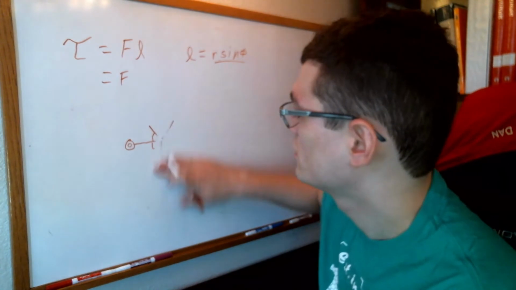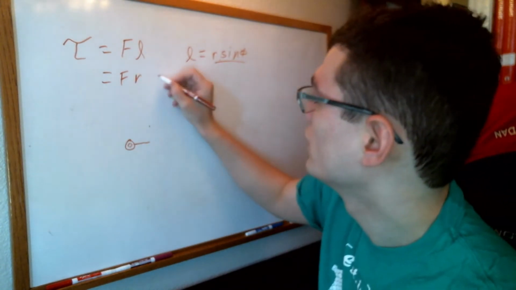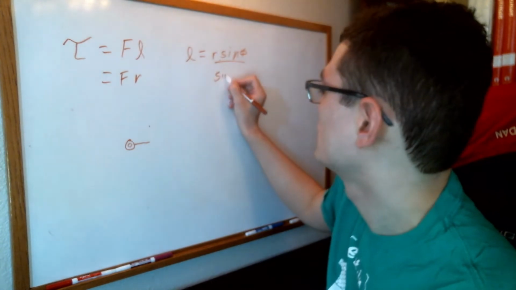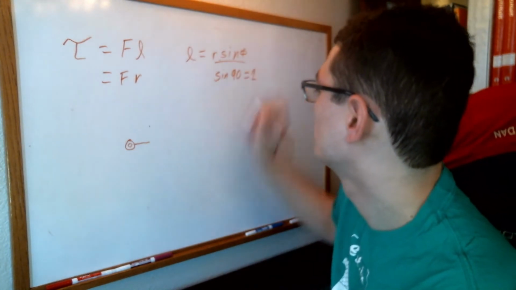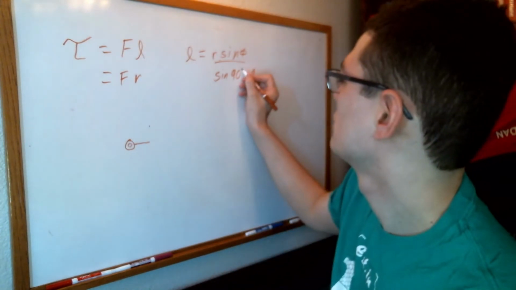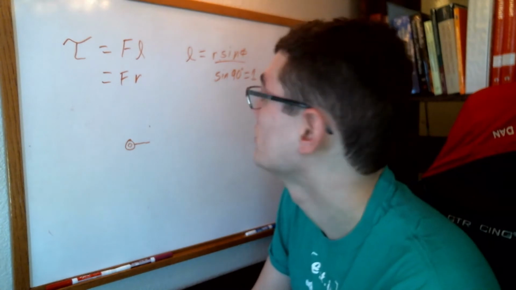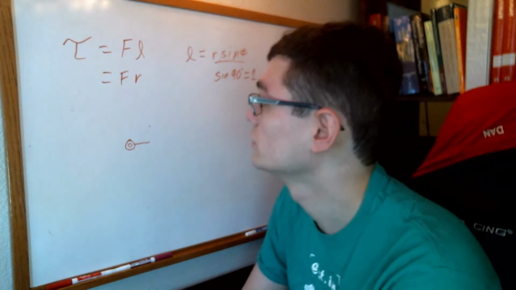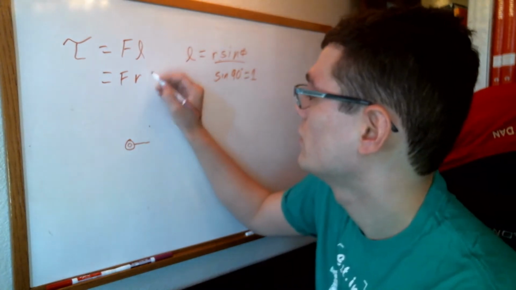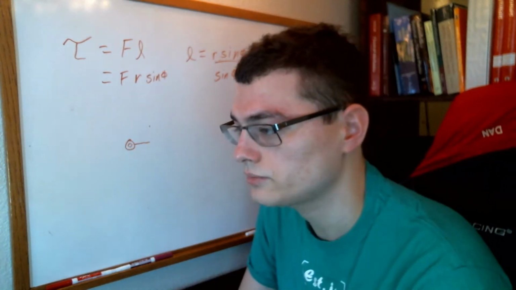So you can only write F R when sine is equal to 90 degrees, which is equal to 1. That's the only time you can write just F R in general. At other points, you're going to have to account for F R sine phi.